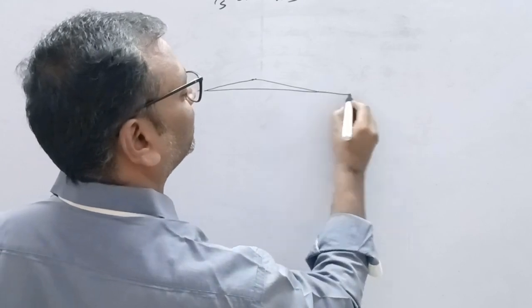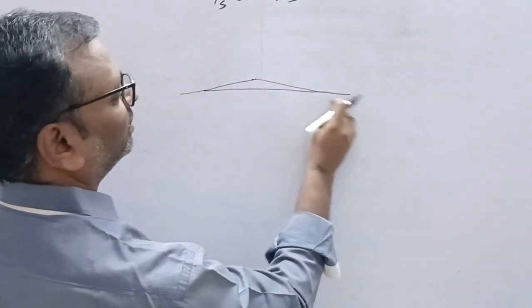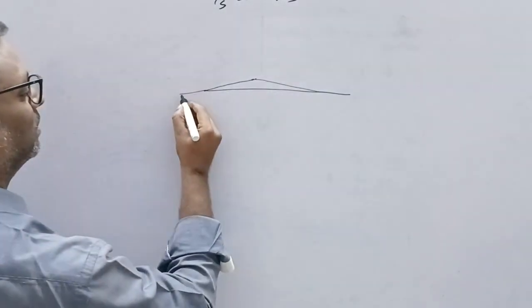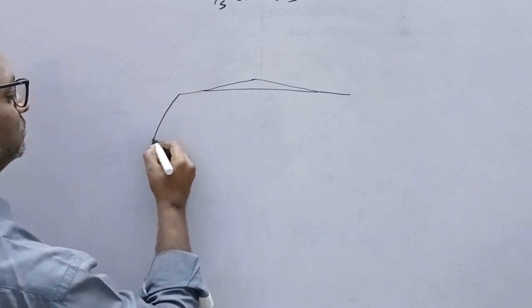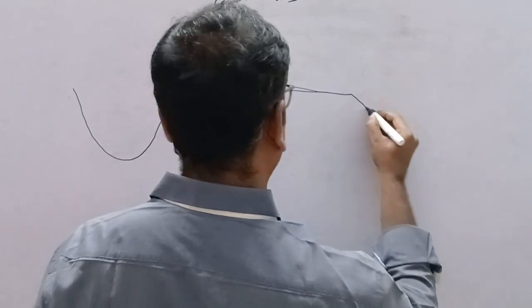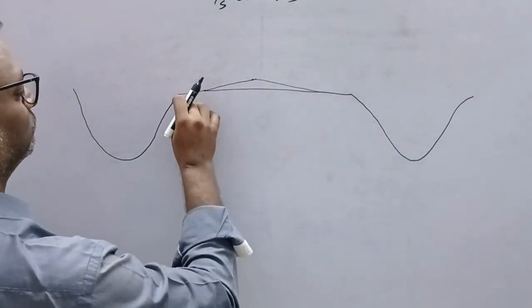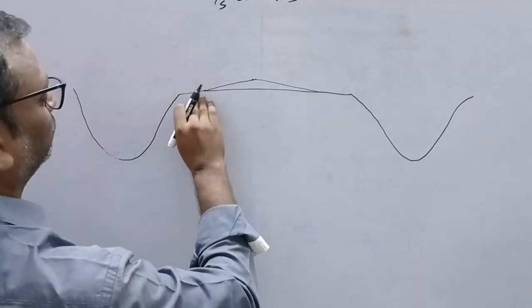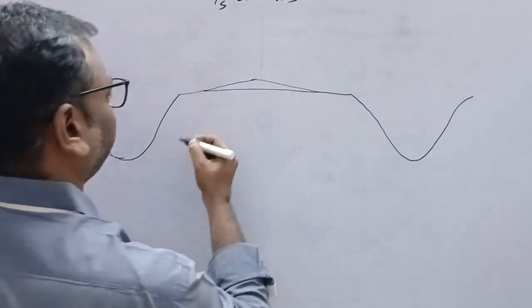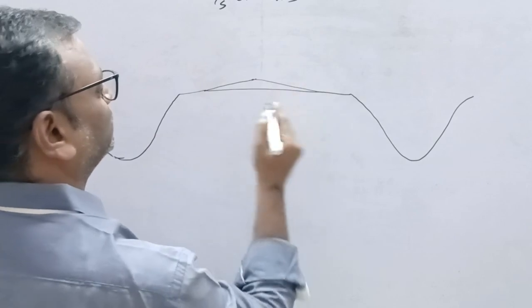And there is some earth filled with soil, which are called shoulders. Now we will see different elements and their nomenclature.